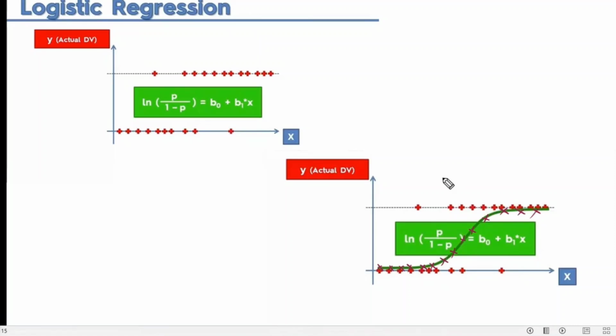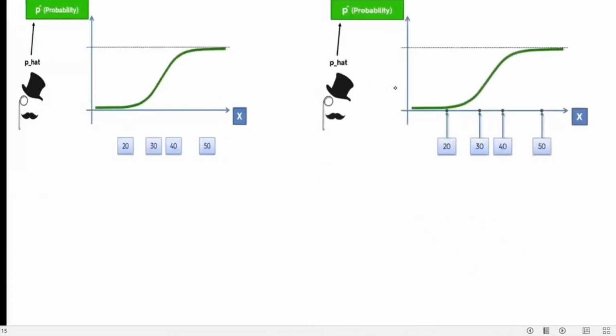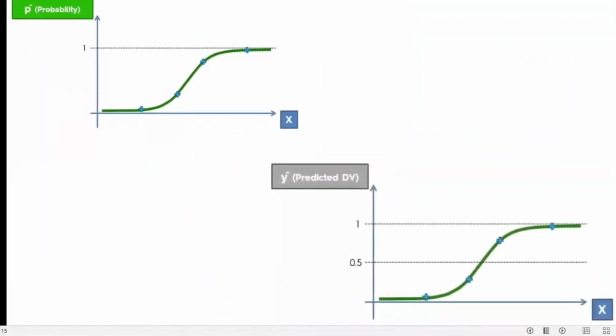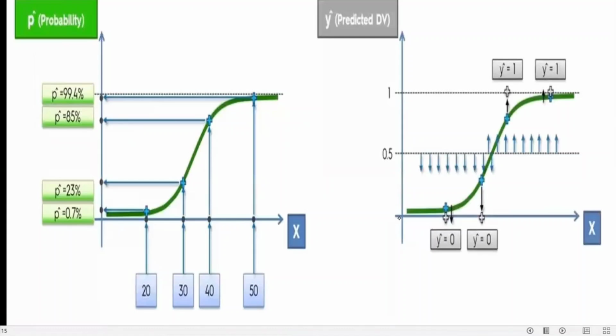Just make a graph of x versus the corresponding probabilities. So it predicts the probability, and after predicting it, you take a threshold value. For these probabilities, you take a threshold of 0.5. Any value greater than 0.5 is considered 1, and any value less than 0.5 is considered 0.